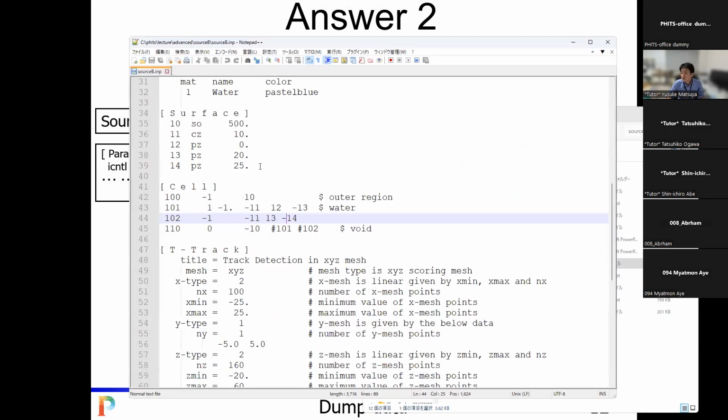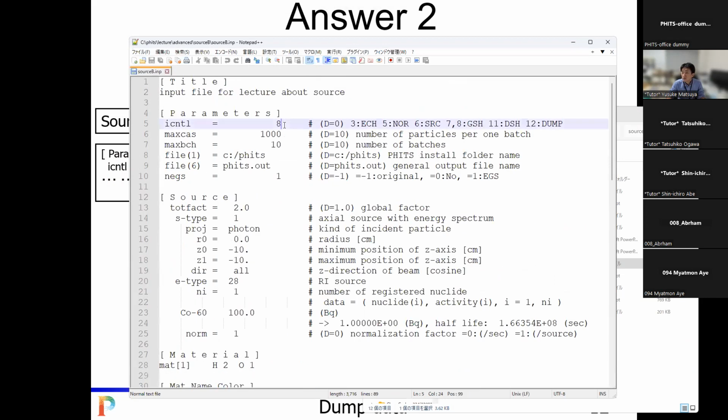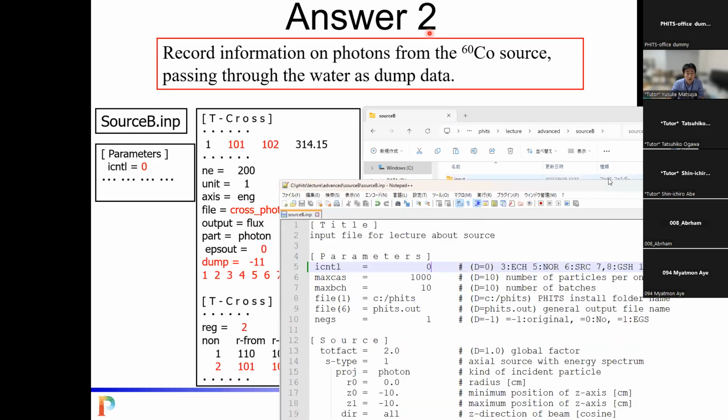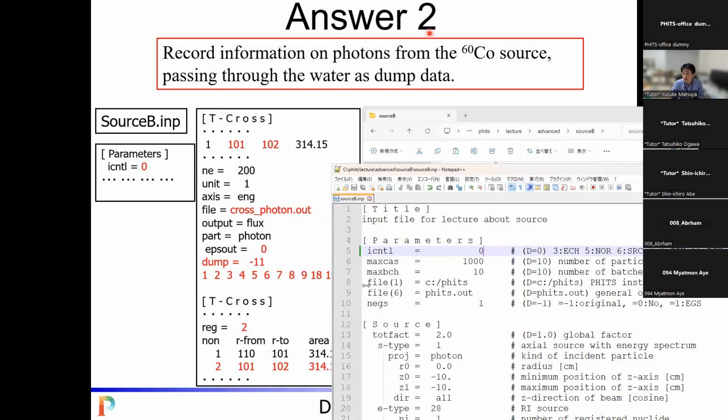So first, changing the I control parameter from 8 to 0, like this. And next, the second one is copying the T-cross tally and making the second T-cross section like this.